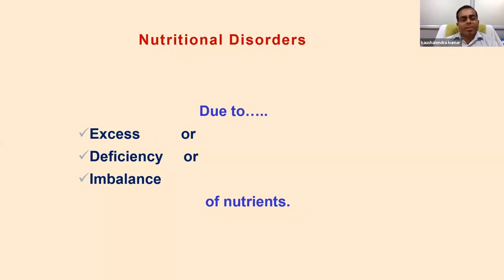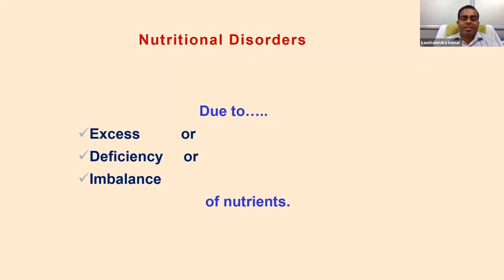It is due to excess of nutrient, deficiency of nutrients, or imbalance of nutrients. These three features are very important. Excess of nutrient will also affect different metabolic processes of the body, so it again causes nutritional disorders.